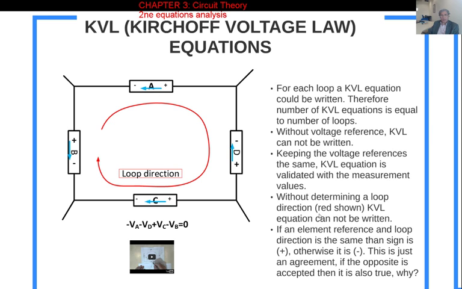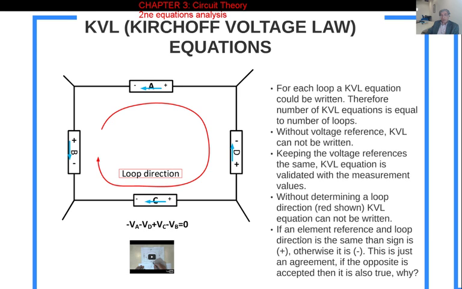Without determining a loop direction, KVL equations cannot be written. So in the exam or anyway, when you are doing the analysis, before writing these Kirchhoff voltage law equations, you must choose an element reference, at least one of them, and also the loop direction. Without this direction, you cannot write this equation.